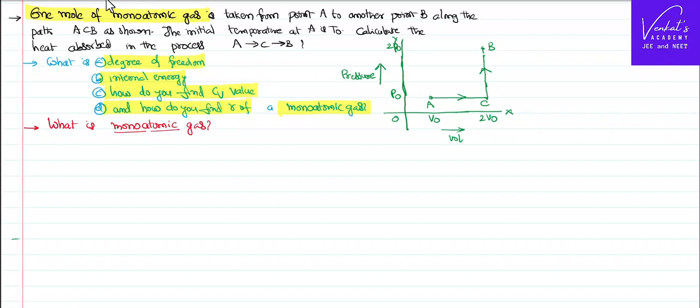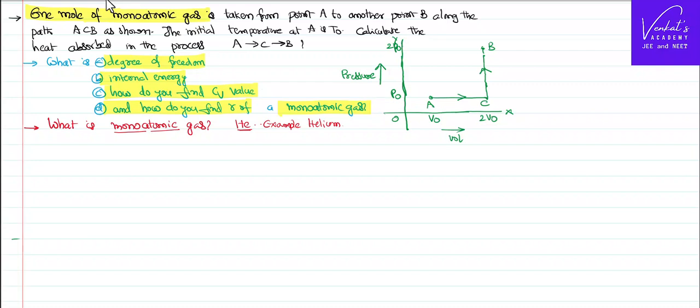Atomic or molecule means having only one atom. So a gas having only one atom is called monoatomic. The example is like helium. You say He, you will never say He2, whereas for hydrogen, you will say H2. That's a diatomic gas. So a simple monoatomic example is helium, which has only one atom.